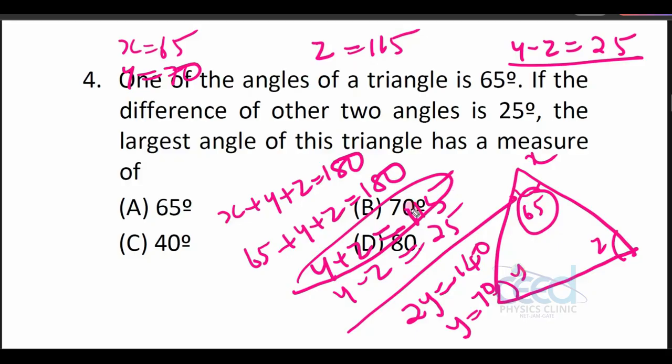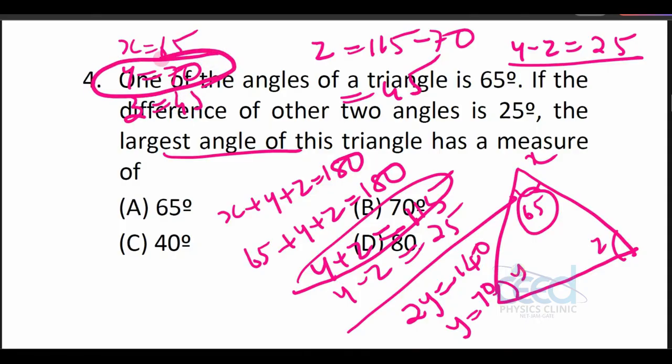This y, bring here. Y is 70. Okay, then what is the answer? 115 minus 70, 45. Right. Then which is the largest angle? Now z we are getting 45. Which is the largest angle? Y value, that is 70. Then the option is 70 only.